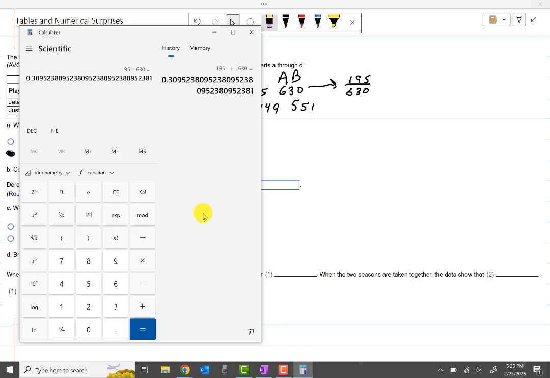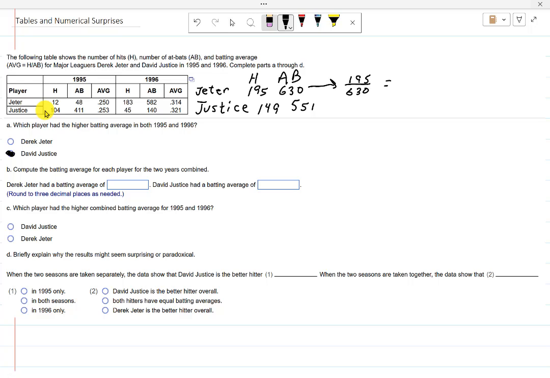I'm not going to multiply by 100% here. I'm going to round to 3 decimal places. I have 0.3095, so I'm going to round that to 0.310. And they don't put the 0 before that, so when I put my answer, I won't bother doing that.